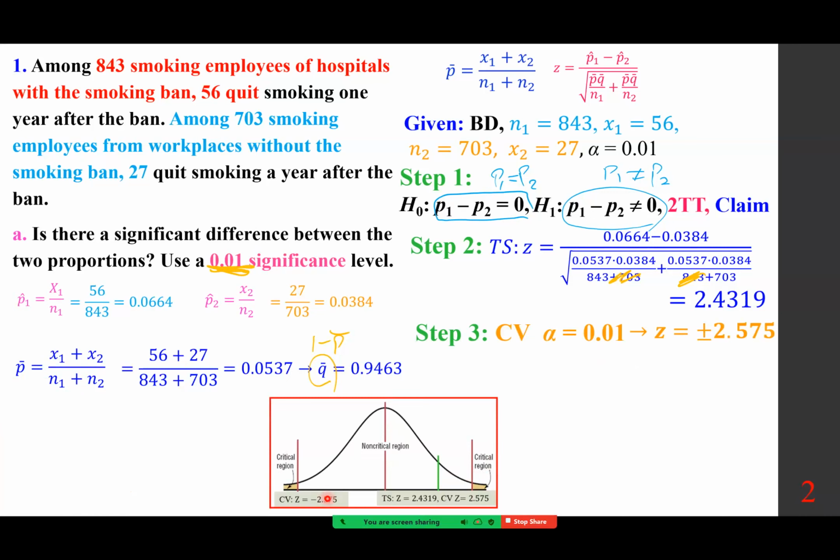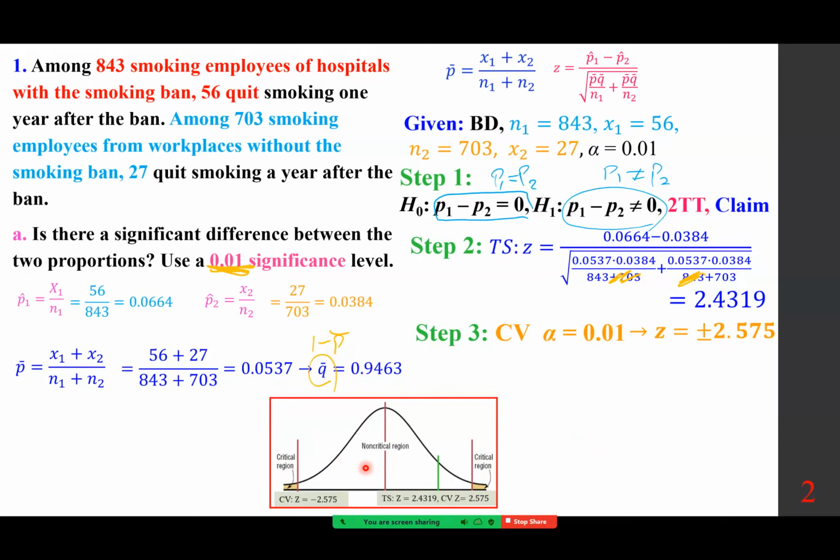We have a negative and positive 2.575 as the critical points, meaning outside of them we have the critical region or rejection region. In between it's not. This value that we have calculated, the test statistic of 2.4319, is somewhere here, which puts us way into the non-rejection area. In between is a non-rejection area.